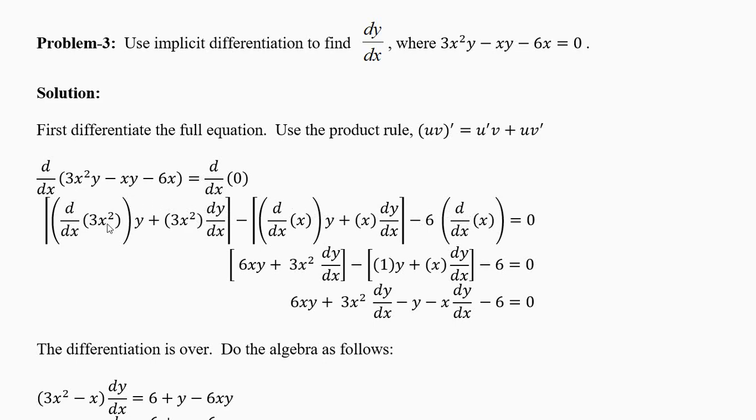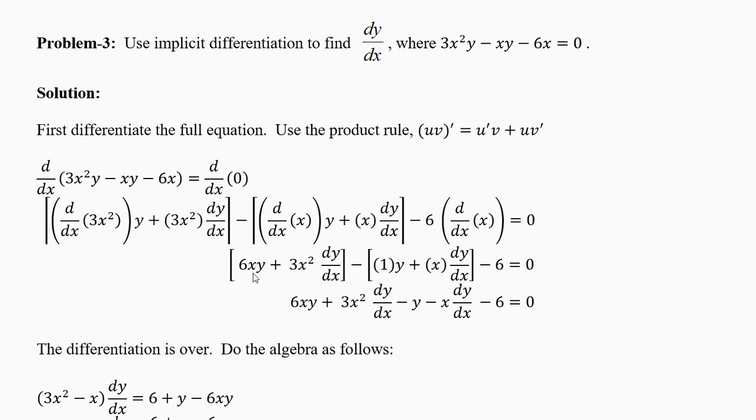Now 3x squared, the derivative is 6x, so you'll get 6x into y plus first function into derivative of the second function is just dy by dx. You'll get 3x squared dy by dx. Then take the second function minus xy, put minus outside, derivative of the first function into second function plus first function into derivative of the second function. We are just going to do that again and again.